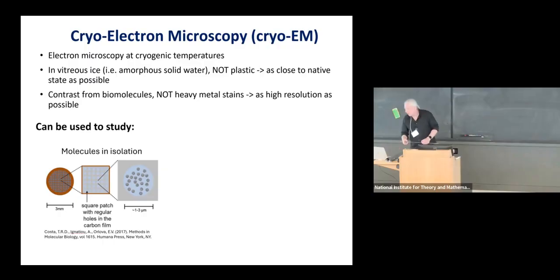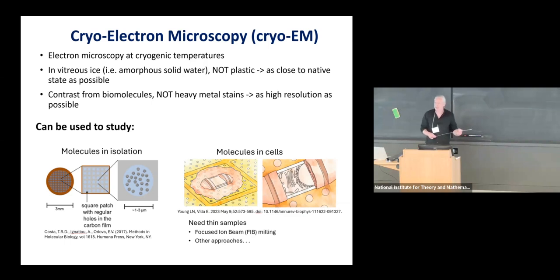Cryo-EM is widely used to determine the structure of molecules in vitro in isolation, and also to study molecules in cells. As Steffi was saying, if you're working in cells, you need a thin section of your sample, which can be done by focused ion beam milling or other methods.